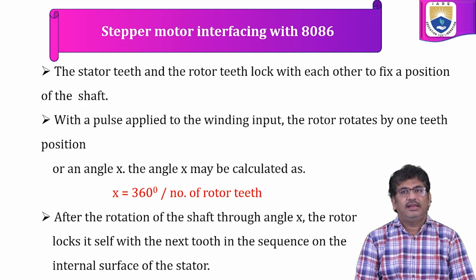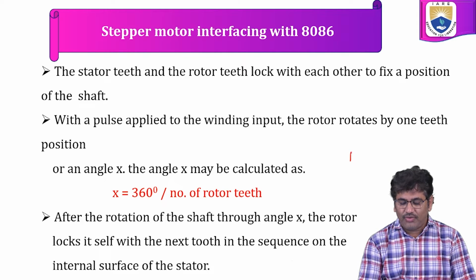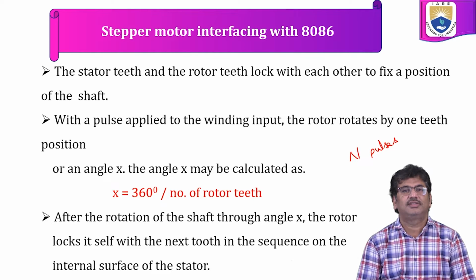or an angle x. The angle x may be calculated as x = 360 degrees divided by the number of rotor teeth. So if I have n rotor teeth, for one rotation we need to give n pulses.